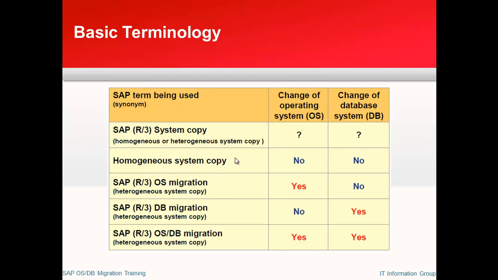OS migration is a heterogeneous system copy where we are changing the OS but not the database. Database migration is a heterogeneous system copy where we are changing the database. And OS/DB migration, we are changing both the OS and the database. So these are the different terminologies and the scenarios when we use them.